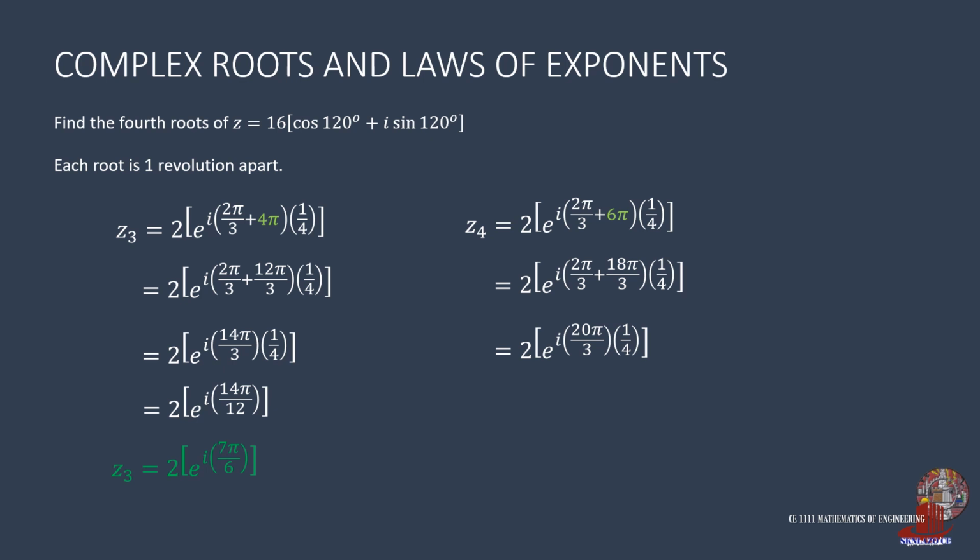This is simplified as 2e raised to i times 20 pi over 3 times a quarter, making z4 as 2e raised to i times 20 pi over 12. Theta is then reduced to have the final fourth root as 2e raised to i times 5/3 of pi.